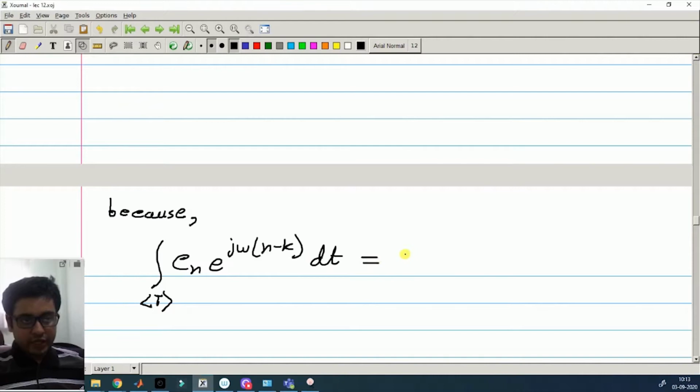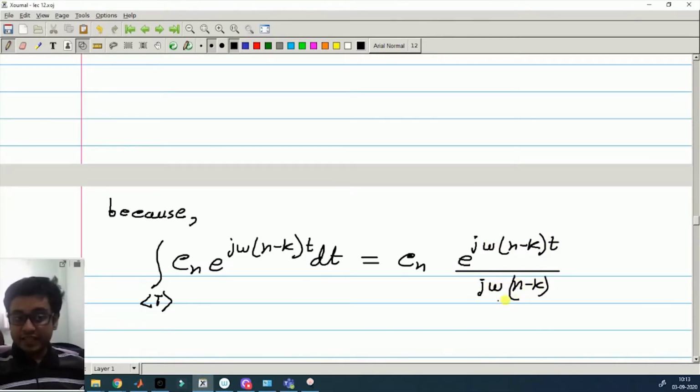Now this you can write as Cn constant, integration of e to the power j omega something, is e to the power same thing divided by this coefficient j omega (n minus k), provided this denominator is not 0, and then with the limits.